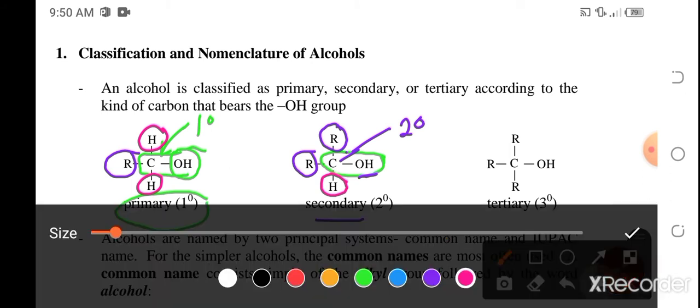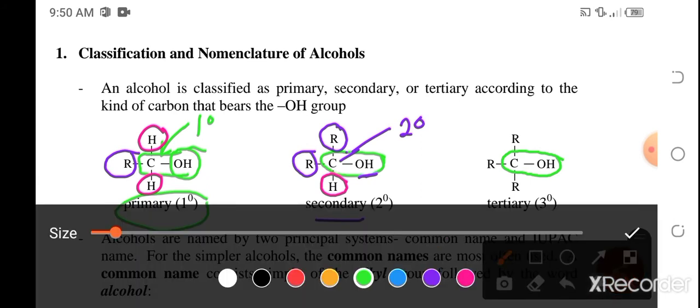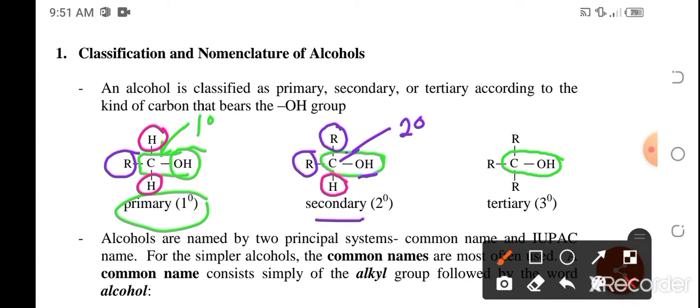And for it to be a tertiary alcohol, the hydroxyl group should be attached to a tertiary carbon atom. That tertiary carbon atom should be connected to 3 other carbon atoms or series of carbon atoms. These represent alkyl groups, and alkyl groups are just series of carbon atoms.